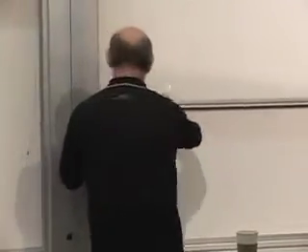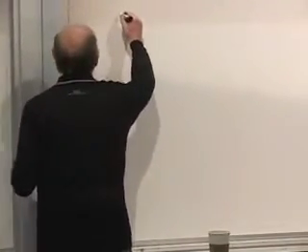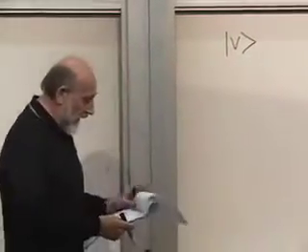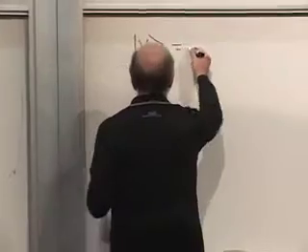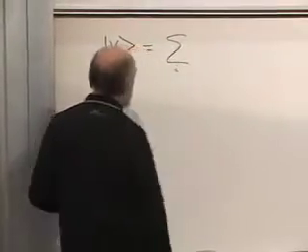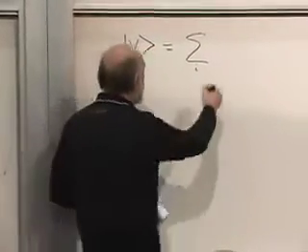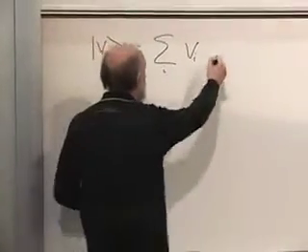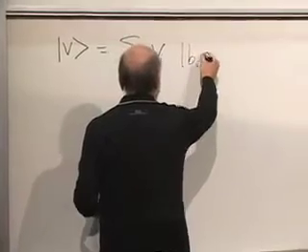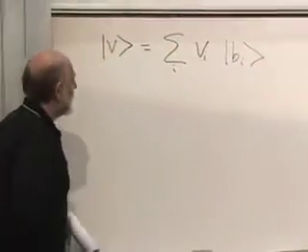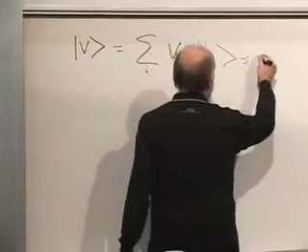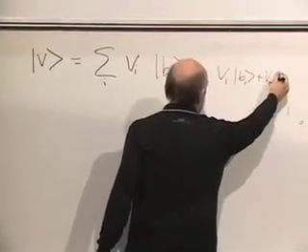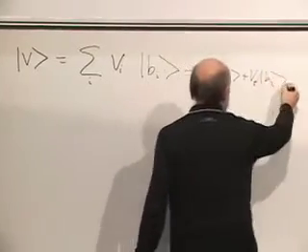Therefore, it should be possible to take any vector, let's call it v, and write it as a sum over the basis vectors of coefficients, let's call those coefficients vi, times the ith basis vector. This is just v1 b1 plus v2 b2, and so forth.